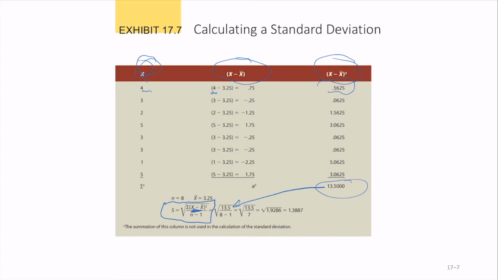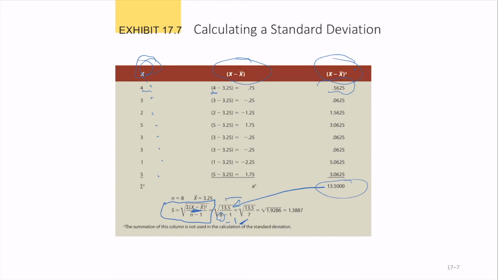We don't want to get the square root yet. We also have to divide it by the number. So that's 1, 2, 3, 4, 5, 6, 7, 8. That's n. So you have 8 minus 1, which is equal to 7.